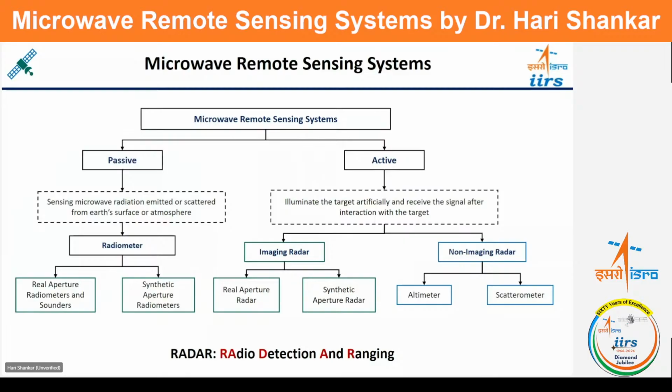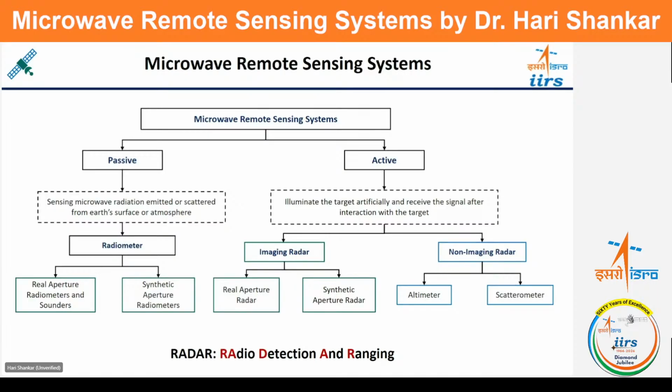Active sensors have their own source of energy, meaning they generate the microwave energy themselves and transmit it. After interacting with the target, the backscatter signal reaches the sensor again, and they convert that signal into images, which are the amplitude images and the phase images.